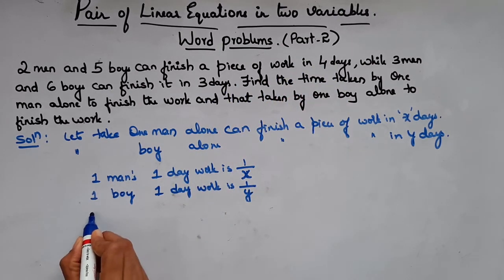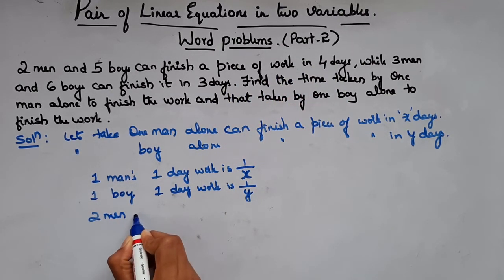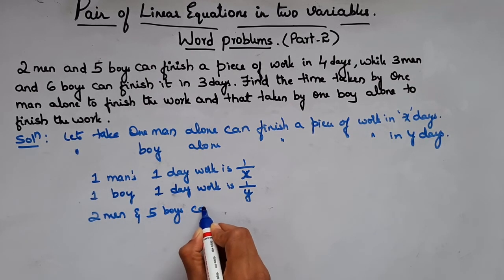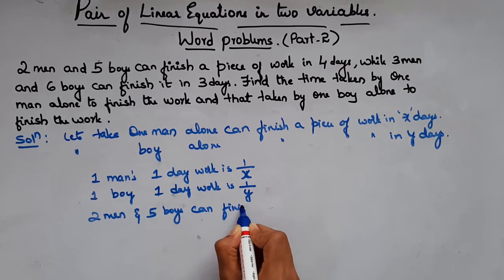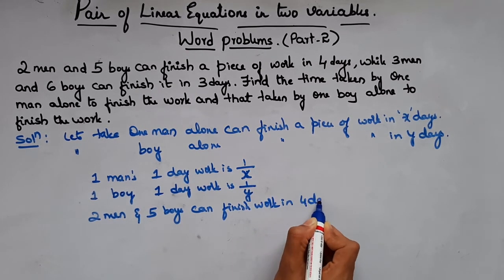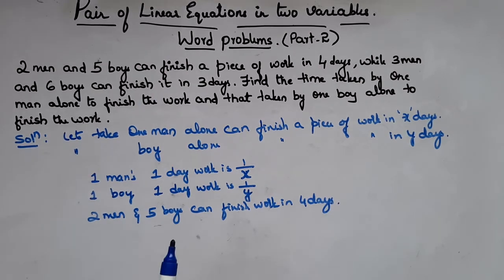So here it says 2 men and 5 boys can finish a piece of work in 4 days. First we will see how much work they have done in 1 day.